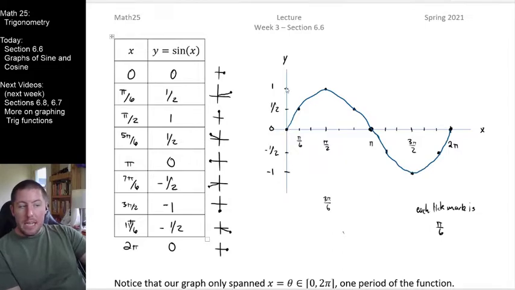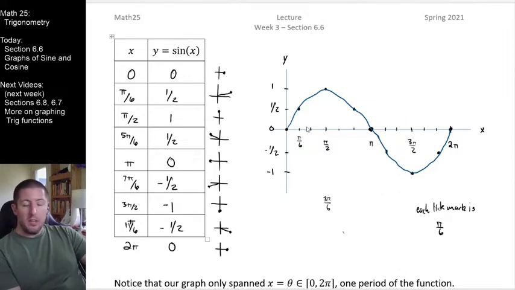The sine's maximum is going to be 1. How much angle did it take to get to half of its maximum? It took pi 6, or 30 degrees. How much angle did it take to get the other half of its maximum, the rest of the way? We did the first half in 30 degrees. To get the second half of the height took us another 60 degrees, 2 pi 6, pi thirds out there.